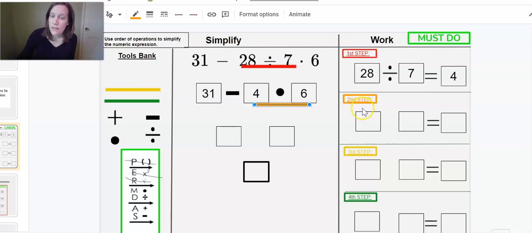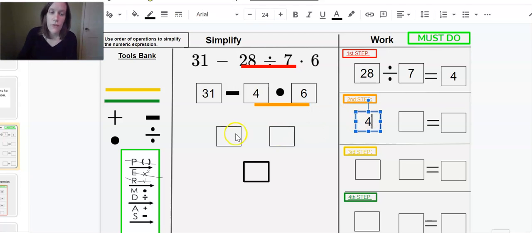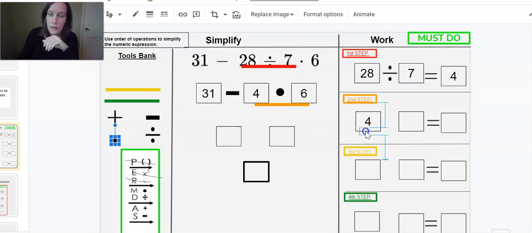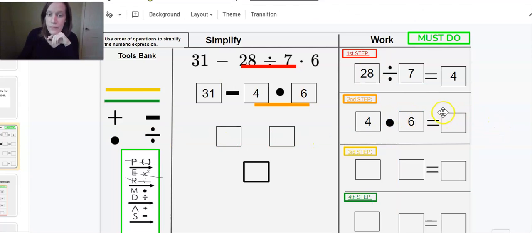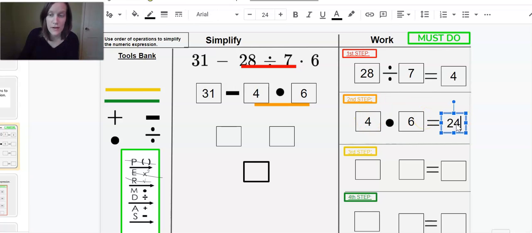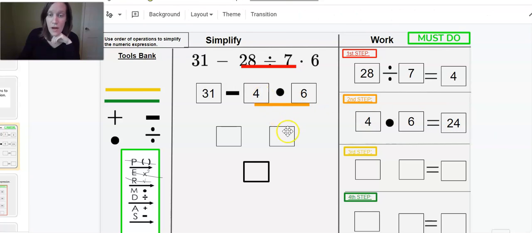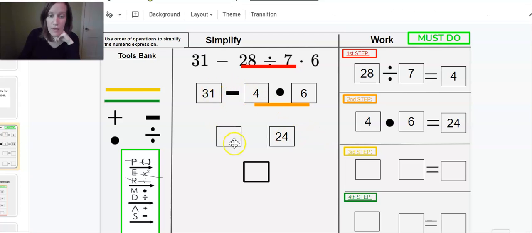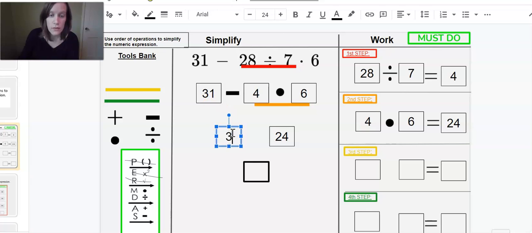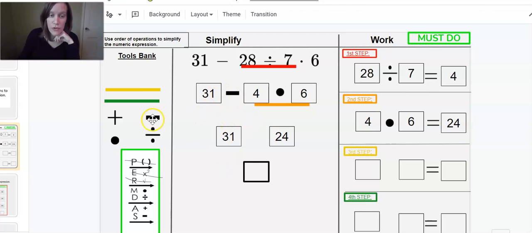So I'm going to come over here to the second step, and I'm going to type that in, 4 times 6. I know 4 times 6 is a basic math fact. It's 24, so I'm going to type that in right here. That means underneath my 4 times 6, I'm typing that 24. And I bring down the rest of my problem. I still haven't used that 31, and I still haven't subtracted, so I bring that over here.